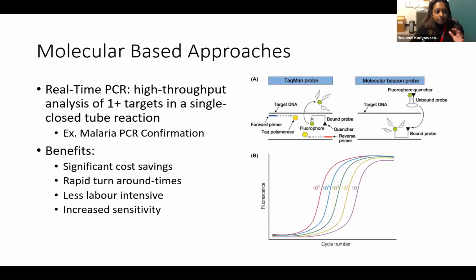And so PCR is kind of taking off in the world of parasitology, and we see different variations of this. There are now commercial kits available looking at, say, gastrointestinal parasites. You can now screen for a bunch of those different parasites causing gastrointestinal disease using a form of PCR, and it's just a lot more efficient that way. And so a lot of labs are now implementing these more molecular-based approaches.